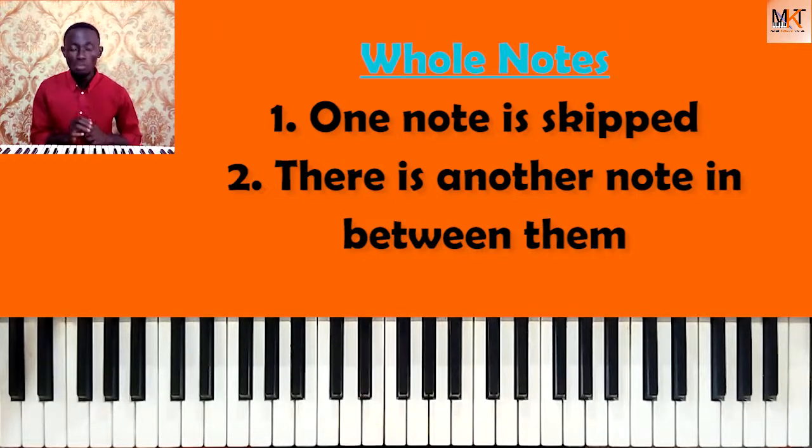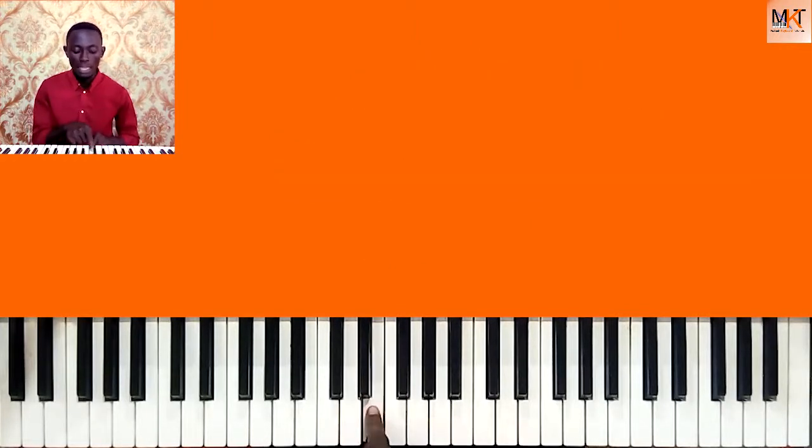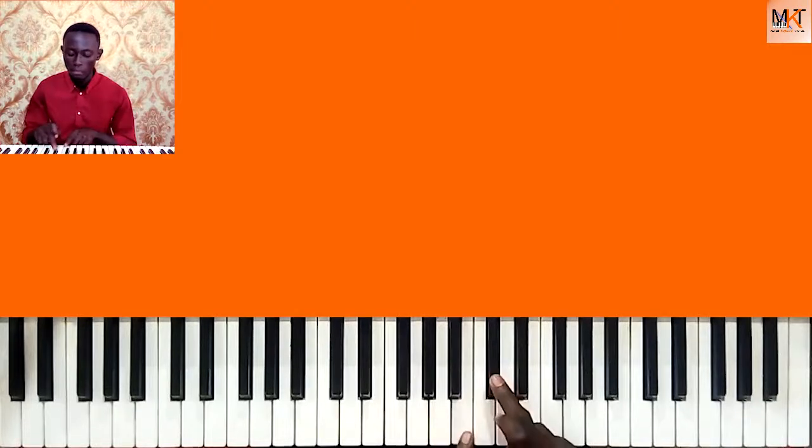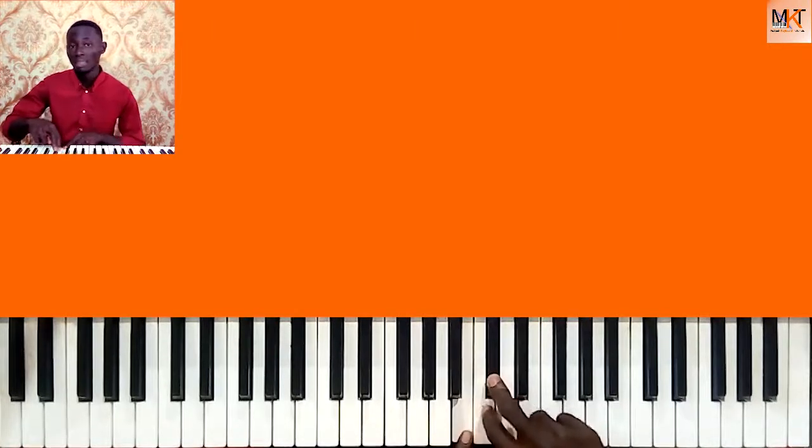So if I want to make a whole step from E to the higher part, I need to skip a key. I need to skip F to this, and that makes it a whole note. So if I'm on F and I want to make a whole step, this will be the right note, a whole note, because I've got one in between them, a whole note because I've got this in between them.